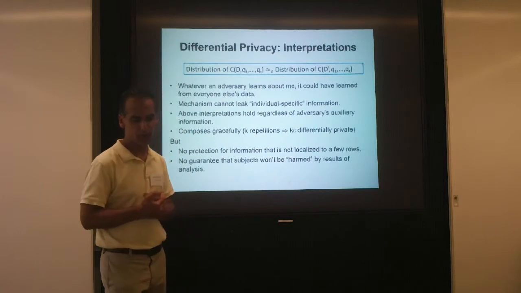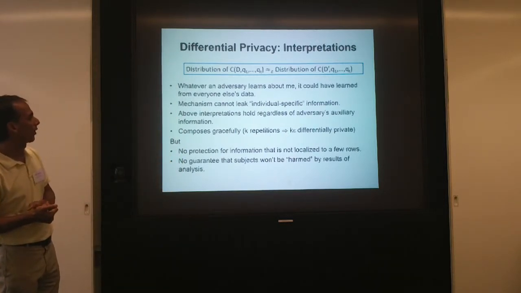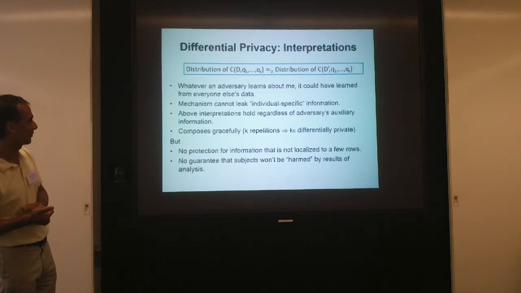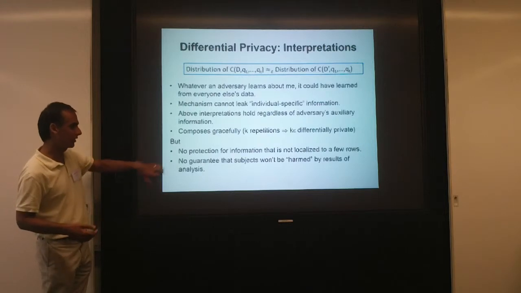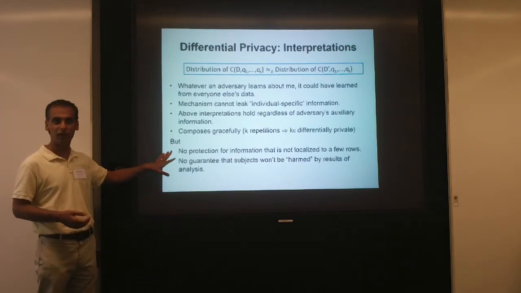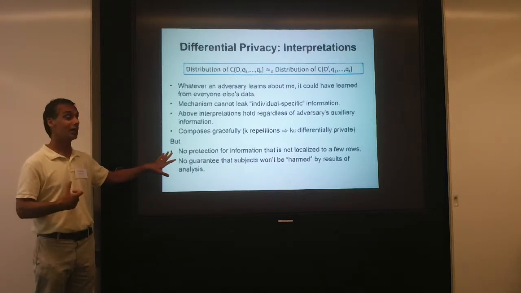All right, so I think I'll skip going through more detailed interpretations. I think I said enough about these things. Maybe just two caveats here. Micah mentioned sometimes our concern is not just the protection of individuals in a data set, but we might be concerned about protecting some subpopulations, some protected groups.